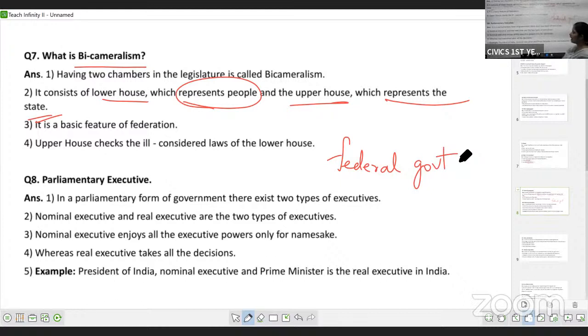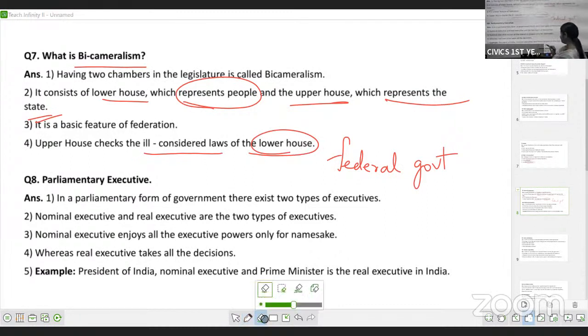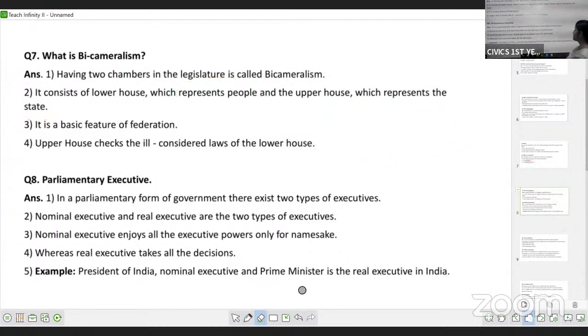The upper house will check the ill-considered laws of the lower house. So what happens in bicameral legislature? Bills are passed from lower house to upper house.